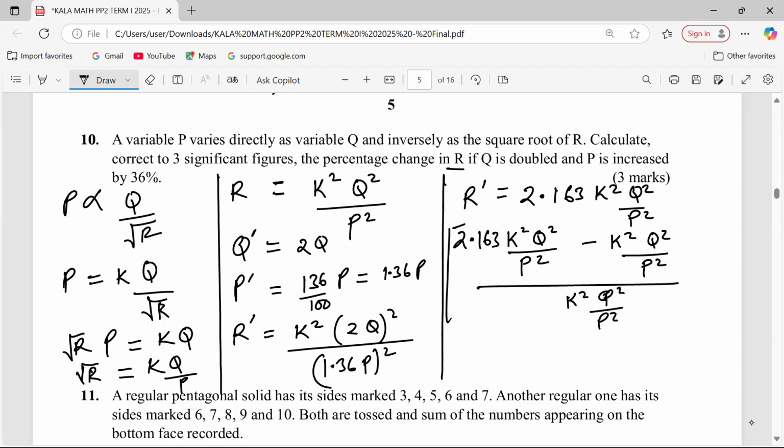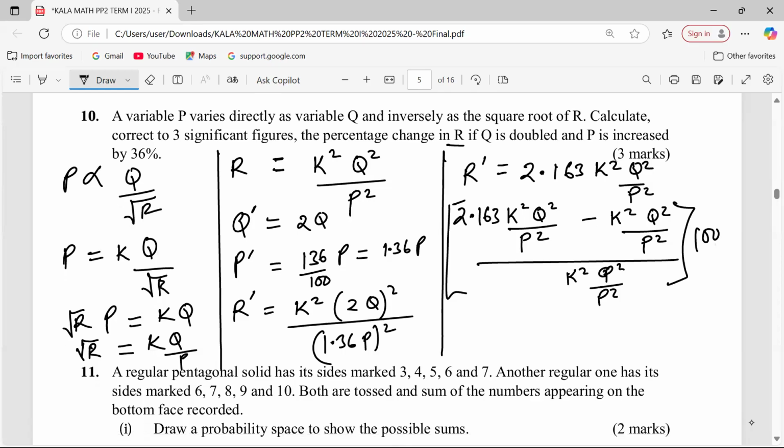Then everything has to be multiplied by 100 for us to get percentage change. The new R minus original R, over the original, times 100. So when we factor out K squared Q squared over P squared, it shall cancel out in this manner.